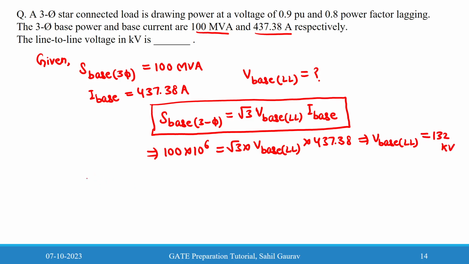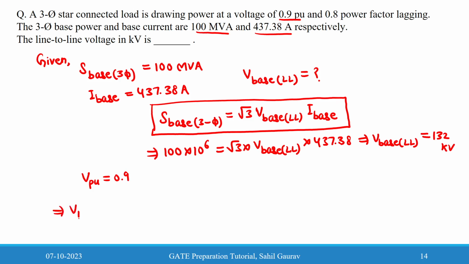Now we have to find the actual voltage, and the per unit value is given as 0.9.